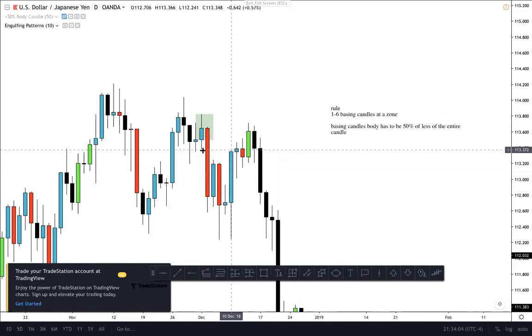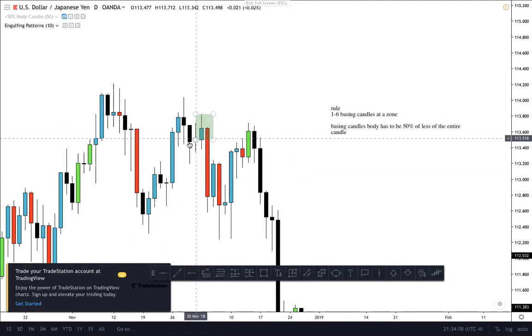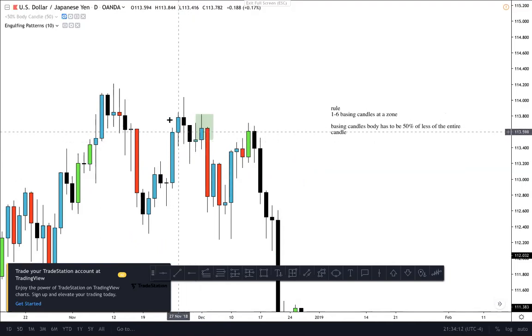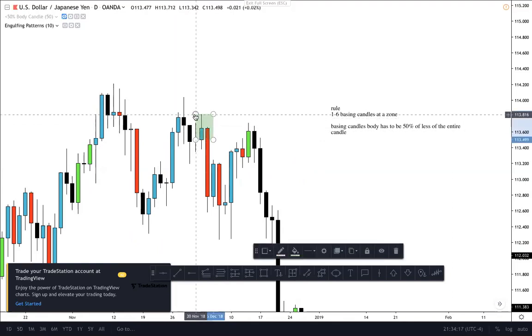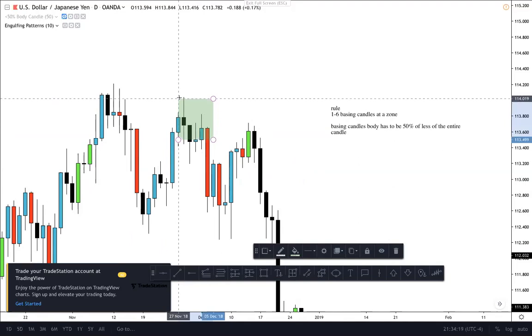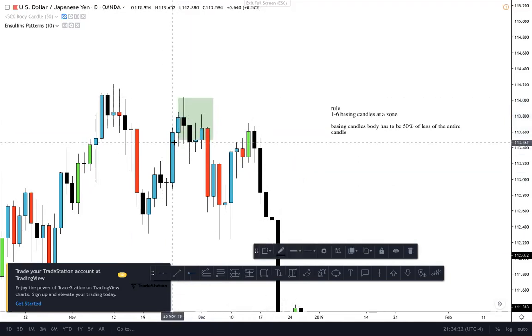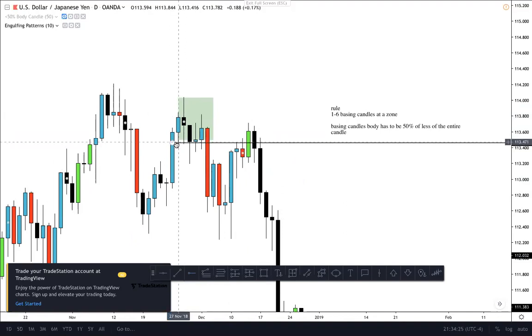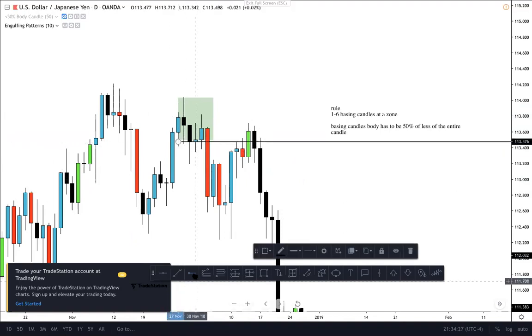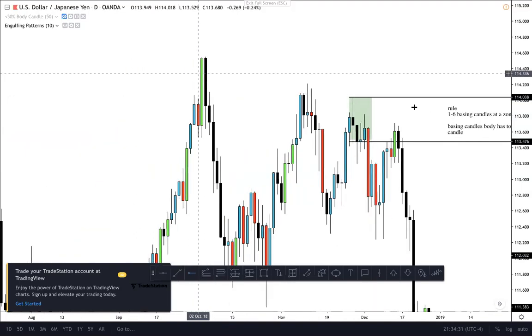And then this is the entire candle, and we could see that the bodies of the previous candles fit within the base of the first basing candle. So we include these candles in the base, right? So it'd be from the lowest body to the highest wick, and that would be the base.